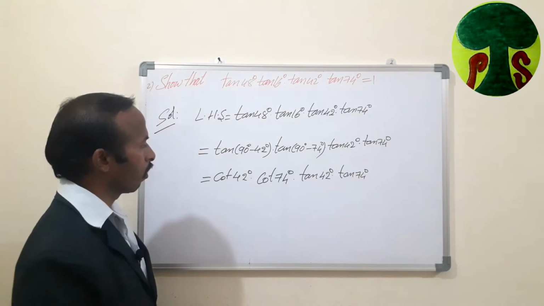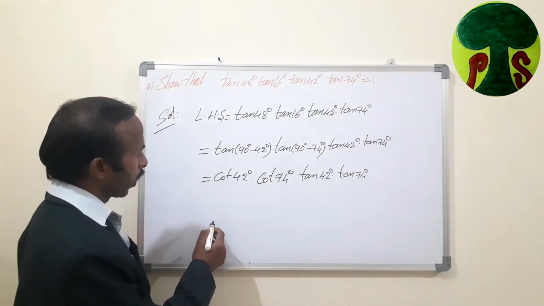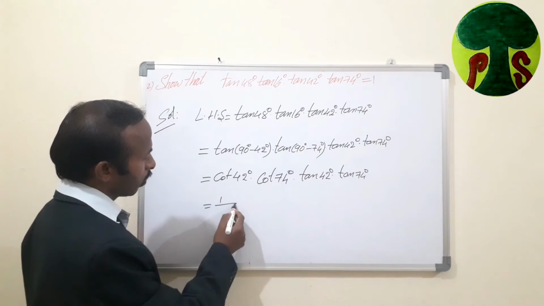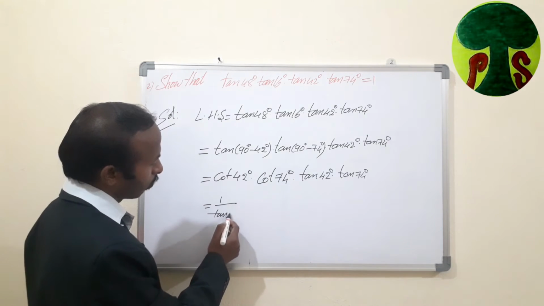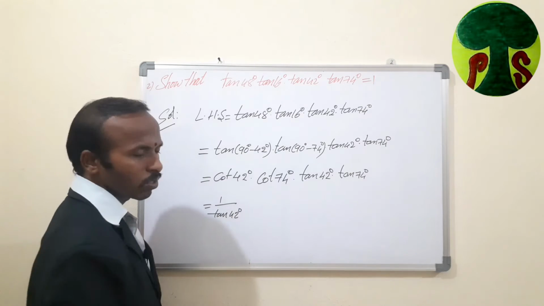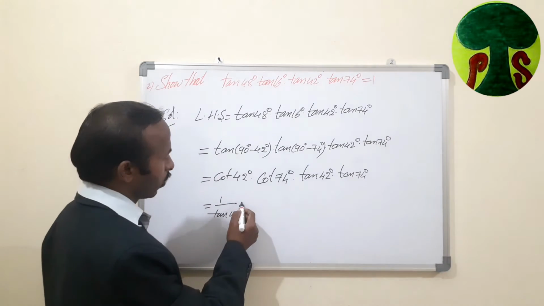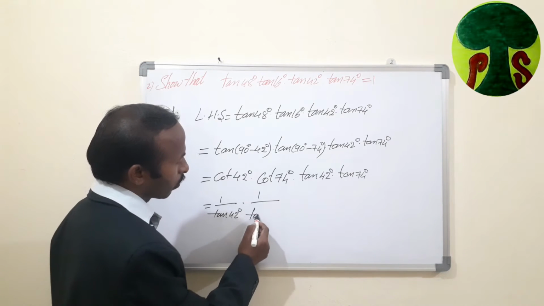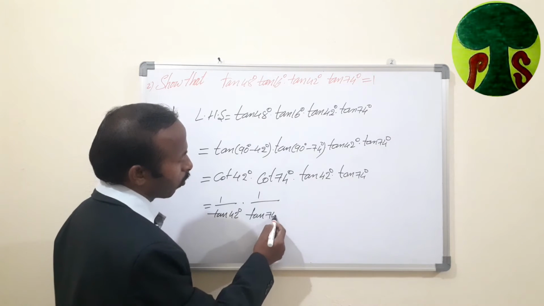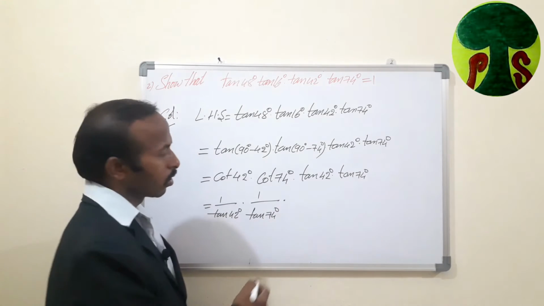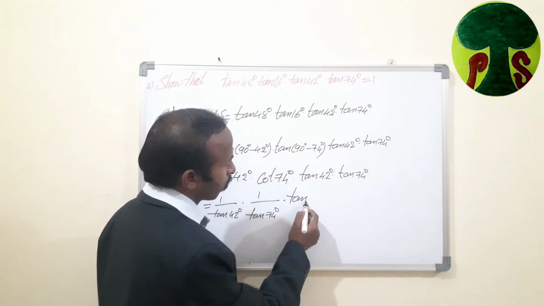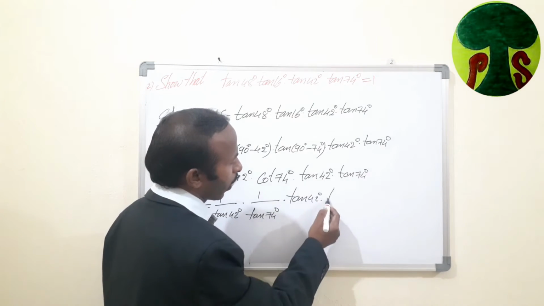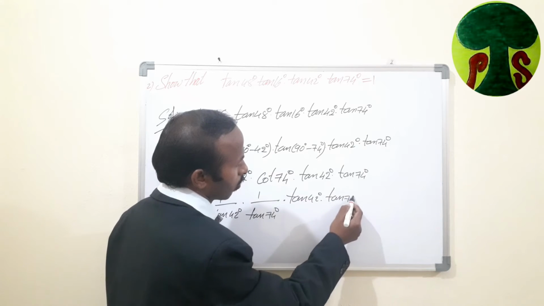If you observe carefully, cot 42, can I write 1 by tan 42? Yes, we can write it, and cot 74 as 1 by tan 74 degrees, into tan 42 degrees into tan 74 degrees.